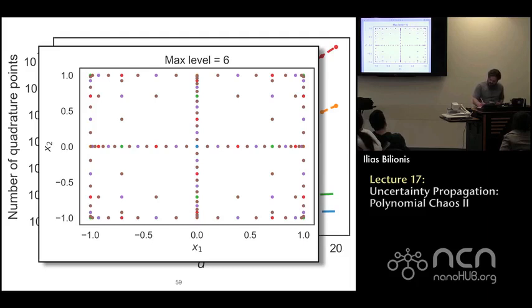This is L, and that L specifies the number of nodes in the one-dimensional quadrature rule, which is probably 2 times L. So how many units do you use to build this? I can understand this graph, but why do we need to go from max level 1 to 6?